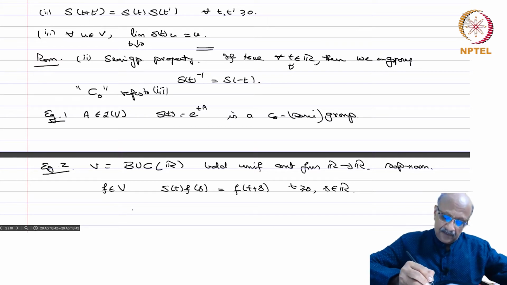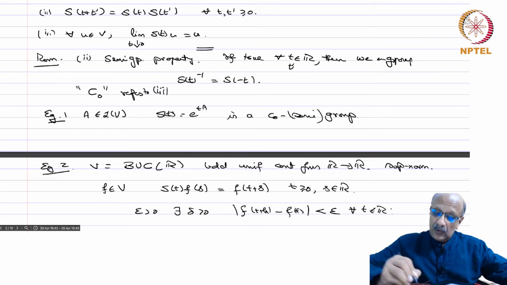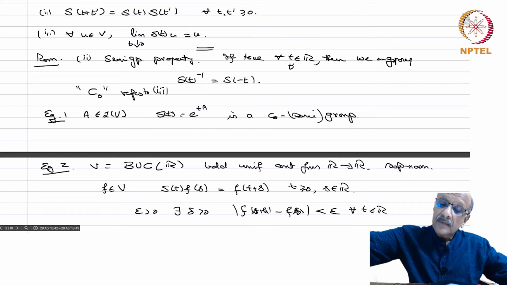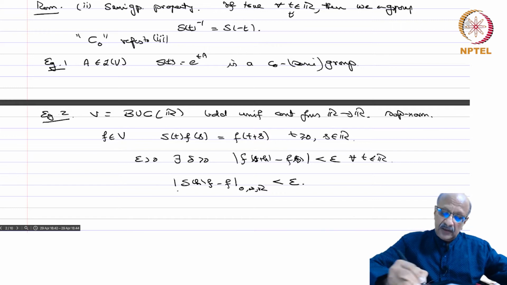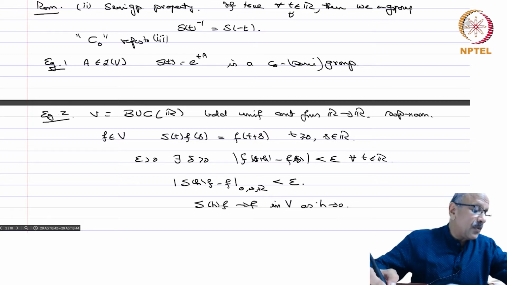Therefore, given any epsilon positive, there exists a delta positive such that |f(s plus h) minus f(s)| is less than epsilon for all s in R, and therefore the sup norm of S(h)f minus f is less than epsilon, and therefore S(h)f goes to f in V as h goes to 0. So this is an example of a C0 semigroup.